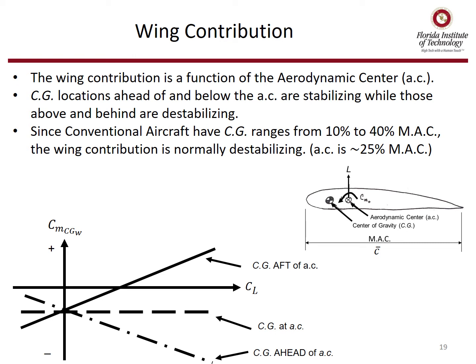The lift of the main wing, however, typically acts at 25% of the mean aerodynamic chord, as shown in the diagram. But again, CG can move based on fuel burn, based on baggage, based on passengers. And so sometimes the main wing contribution has a stabilizing effect, no effect, or a destabilizing effect.